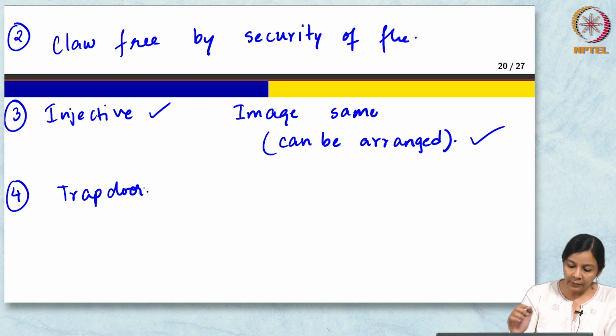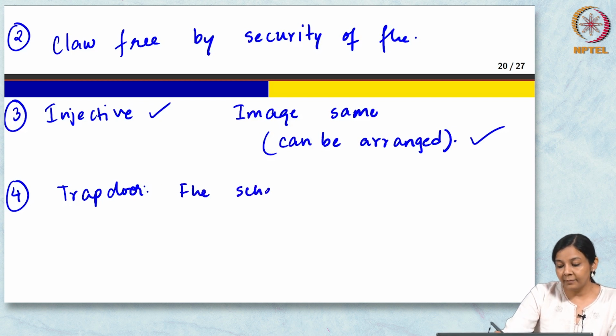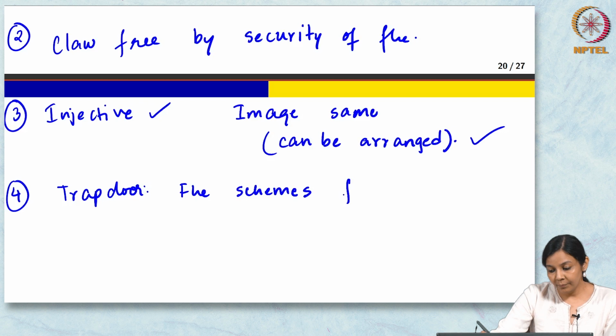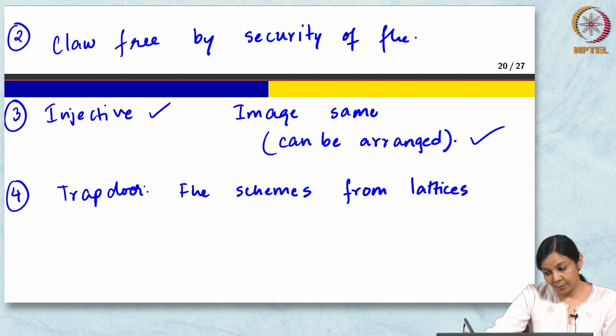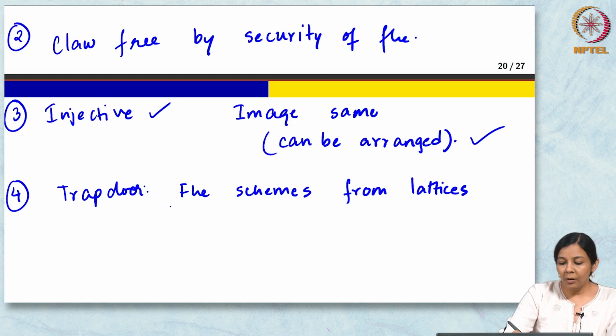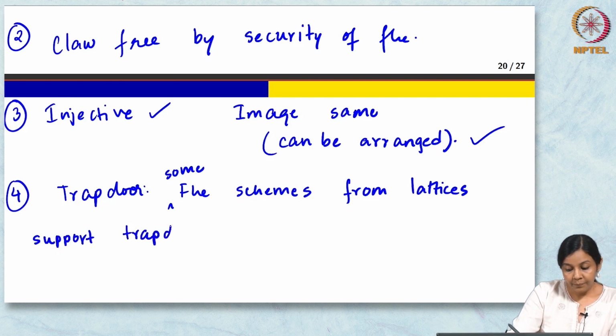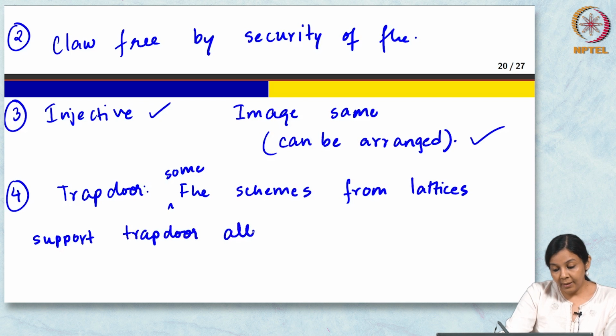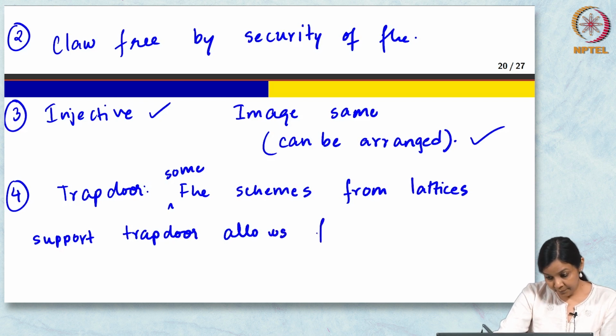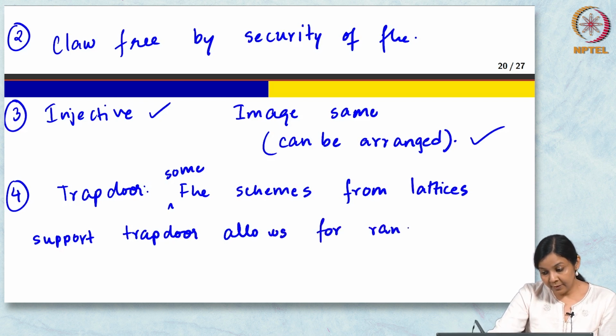So, without going into any details, I am just going to say that some FHE schemes from lattices, not all I should say, support a trapdoor which allows for randomness recovery.